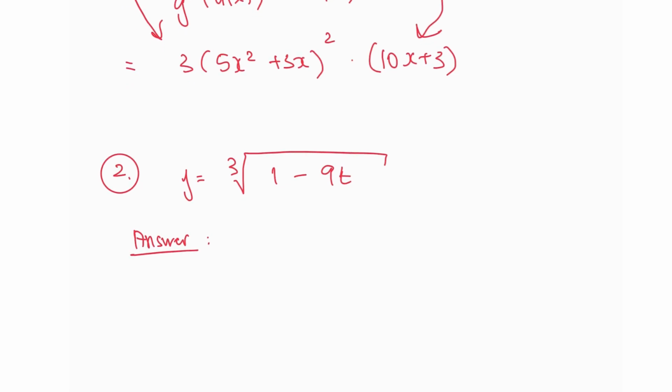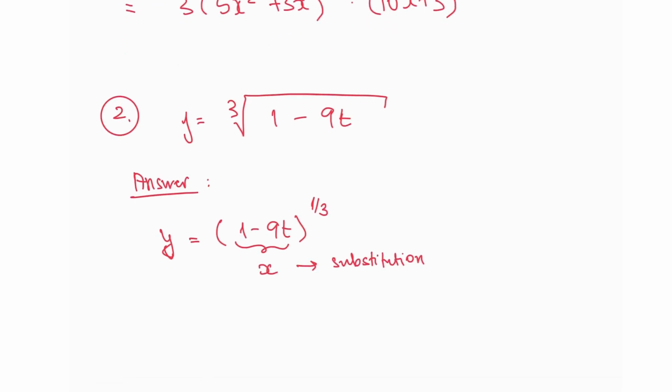Now, we can write this a bit friendlier. y equals 1 minus 9t to the power 1 over 3. And we can take 1 minus 9t to be some x, like a substitution, so that we have y of x equals x to the power 1 over 3.